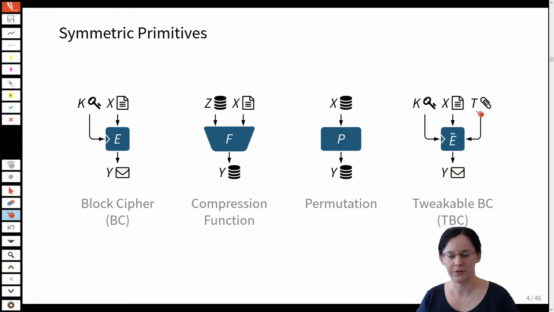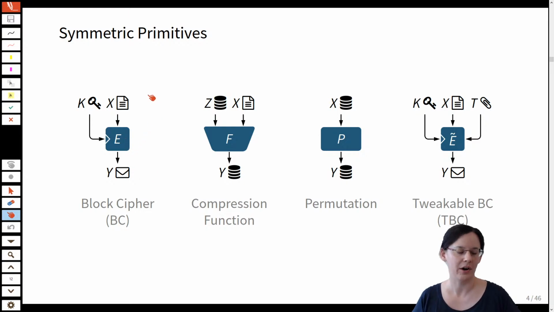And what's the point of this tweak? So it actually adds something that we will see in a few weeks is missing in the standard block cipher. So in the standard block cipher, it looks like a perfect basis for an encryption scheme because it translates stuff and encrypts. But what's really missing here is any way to input some sort of context. Like, for example, in which position in the message is this cipher?